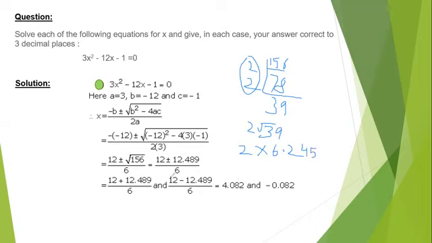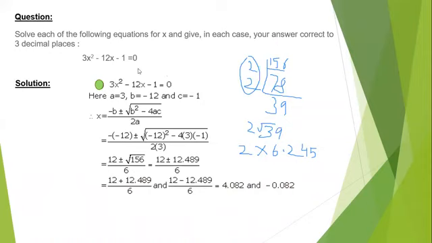Multiply it by 2, you will get 12.489. And then, as I said already, once use it with the plus sign, once use it with the minus sign, and cancel with 6. The two answers which we get are 4.082 and minus 0.082. This is the method of solving these types of questions.